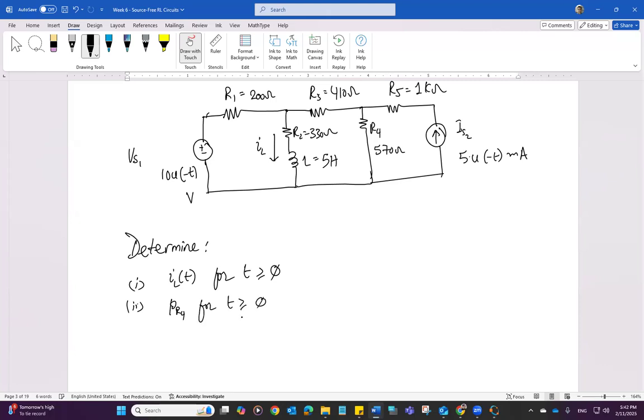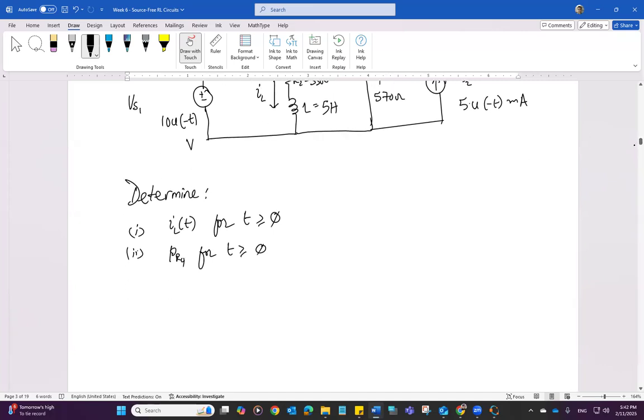So the expression for power dissipated in R4 for t greater or equal to 0. Let's find these two things. And then, of course, you can plug in any time value to get the power at that instant of time.